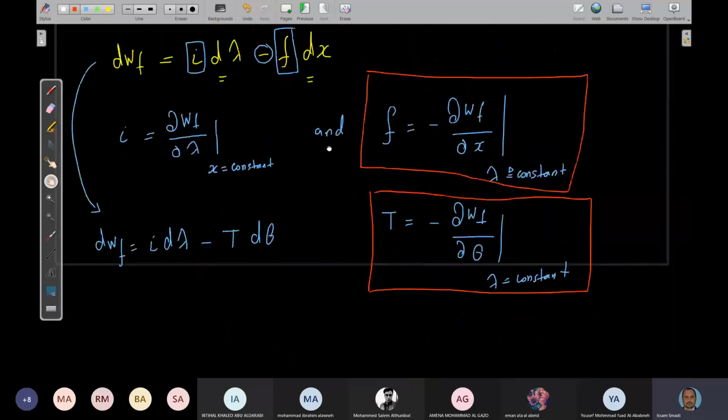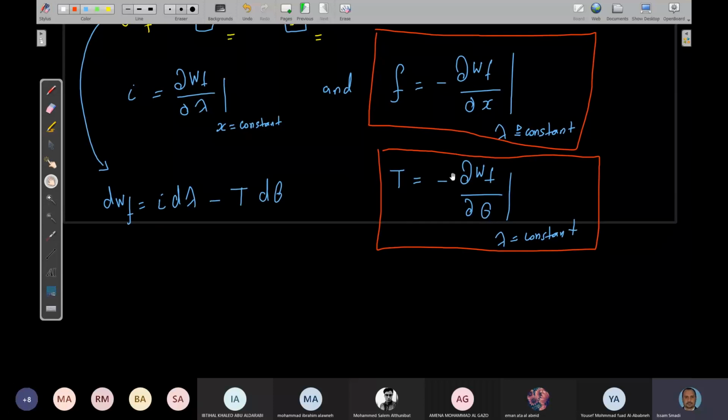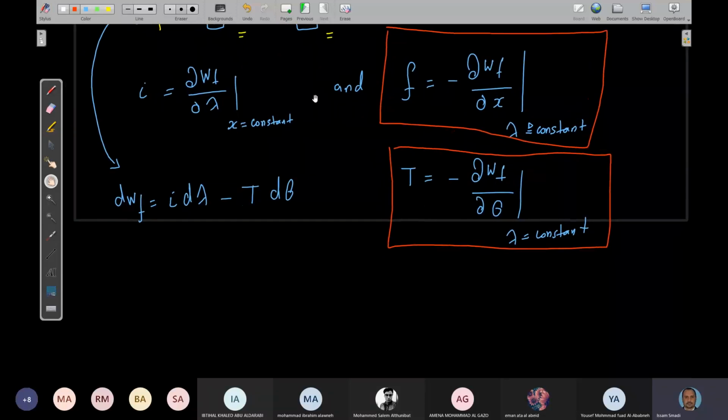Now this is the way to calculate the torque or the force using the field energy. What about if I need to use the coenergy in order to calculate the torque or the force?